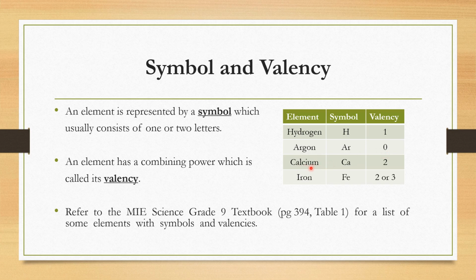Calcium has valency 2, whereas iron exhibits 2 valencies which are 2 or 3. Please refer to your MIE textbook on page 394 for a recall on symbols and valencies of some elements.